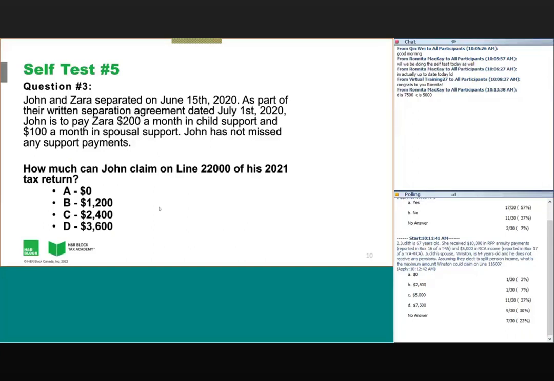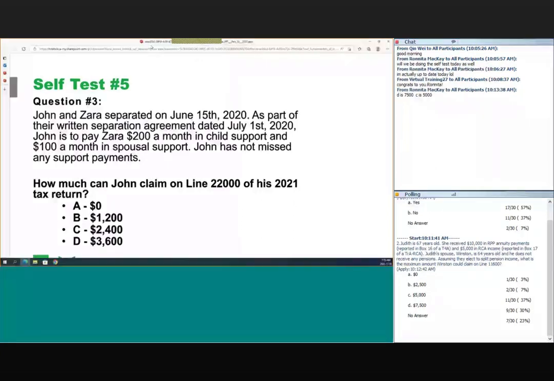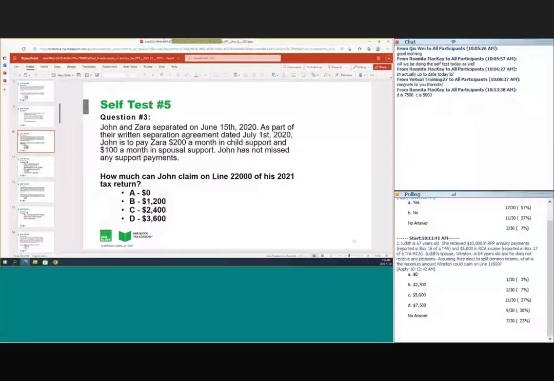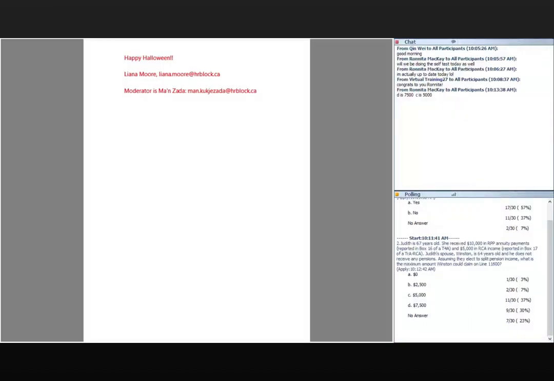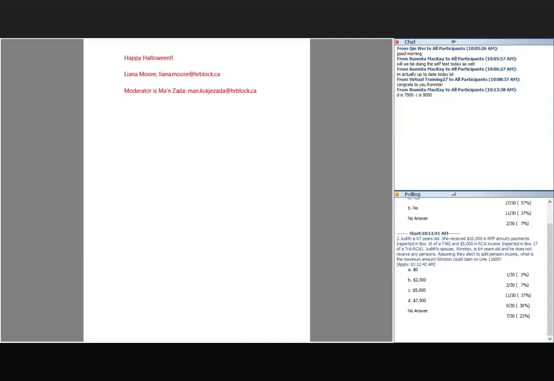How much can John claim on line 22,000 of his 2021 tax return? 0, 1,200, 2,400, or 3,600? Let us bring up the poll. And the poll is open.